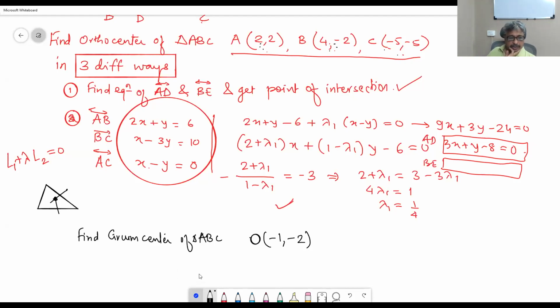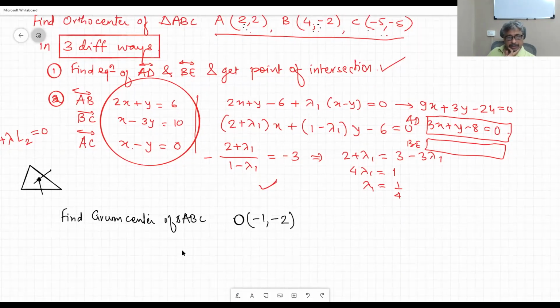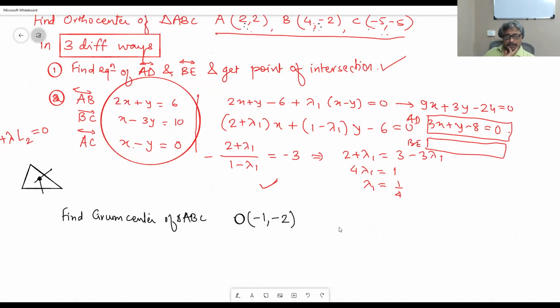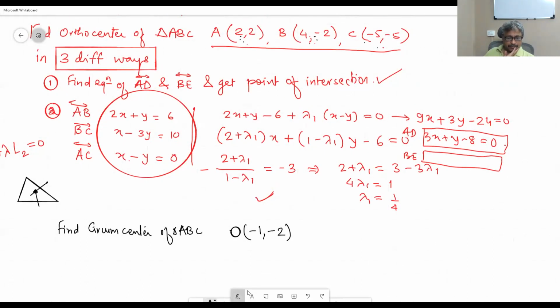Therefore, now let us find out the orthocenter using shift of origin. So if we shift origin to (-1, -2), what will be the new coordinate of A? The old coordinate of O was (-1, -2). The new coordinate is (0, 0). So the old coordinate of A is (2, 2).